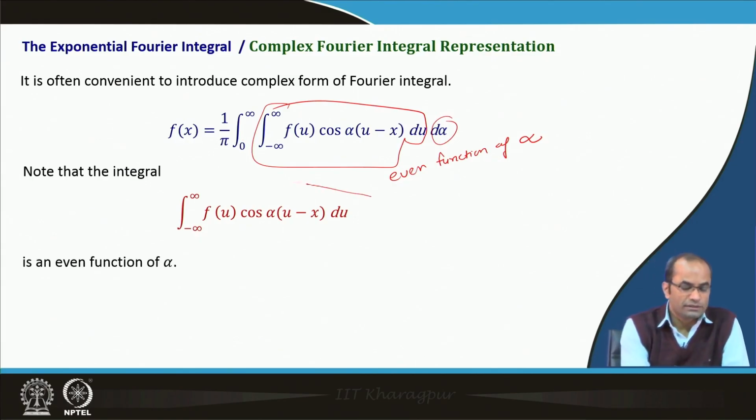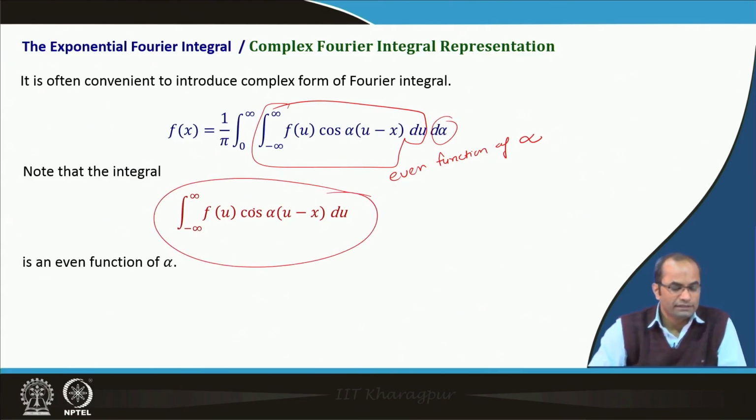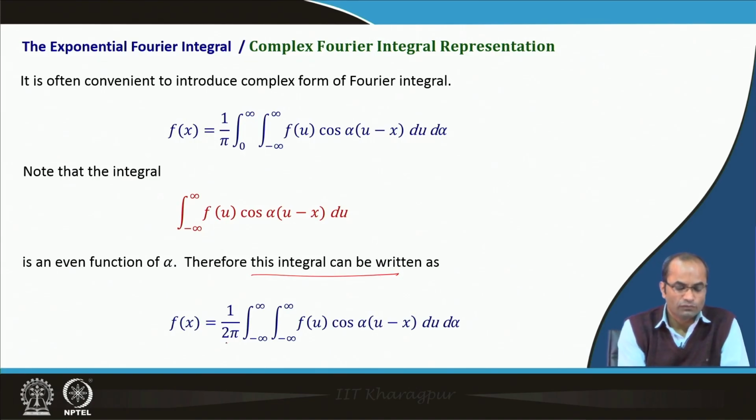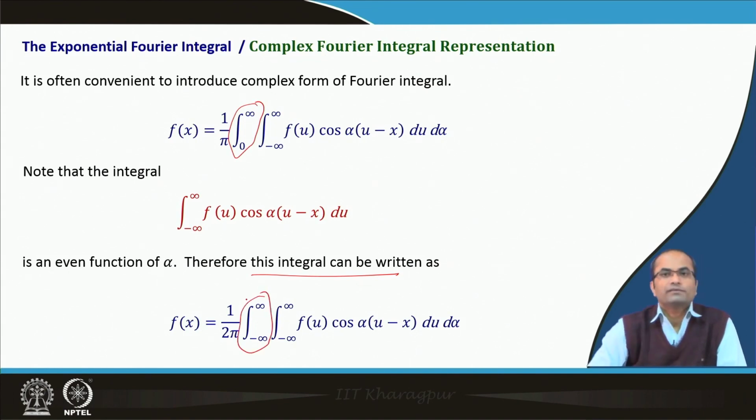Since the integrand is even, we can rewrite this integral as 1 over 2 pi, and instead of 0 to infinity we take minus infinity to plus infinity, the integral from minus infinity to plus infinity of f(u) cos(alpha(u minus x)) du d alpha.